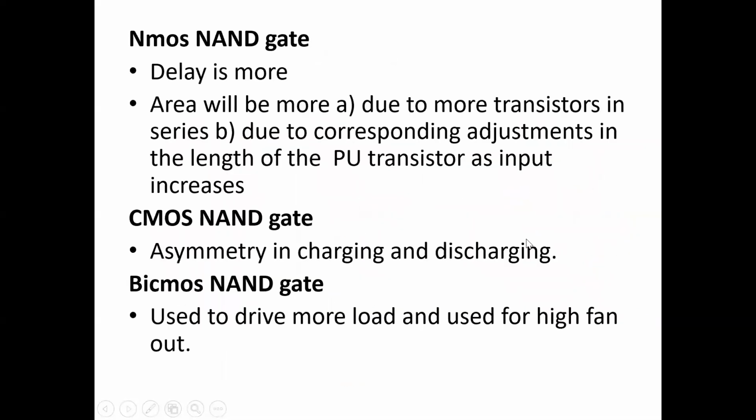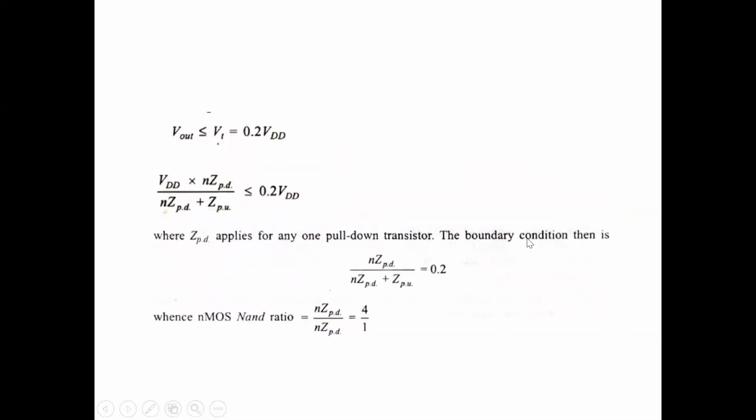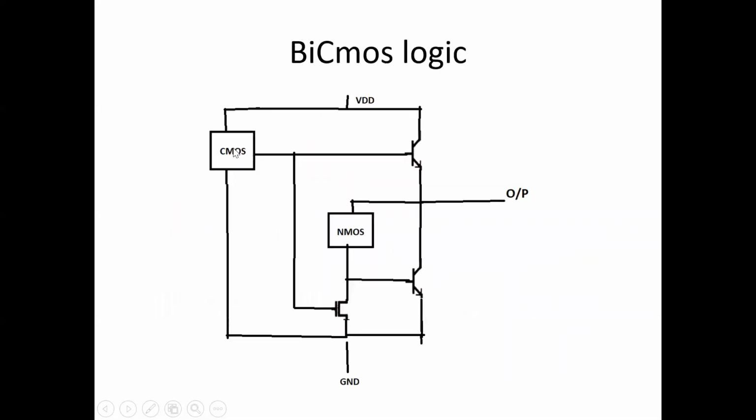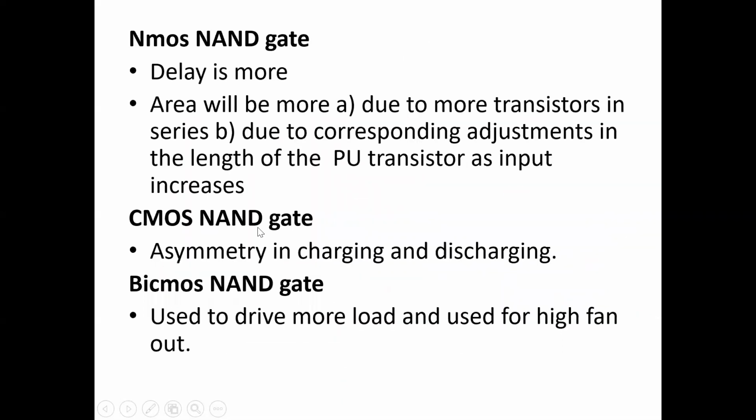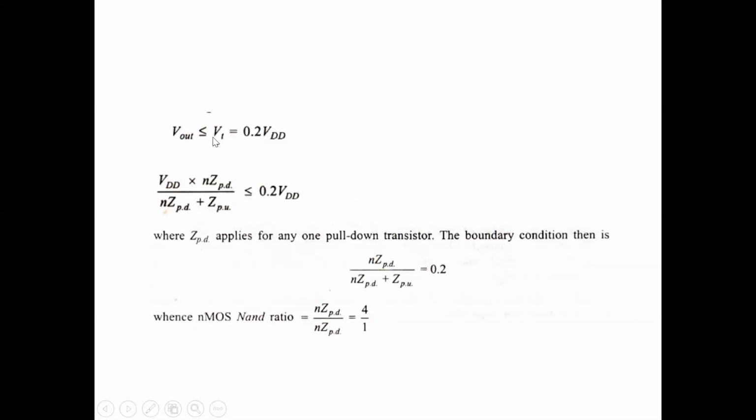Next, coming to the NMOS NAND gate, here again, you can see that there is a minimum aspect ratio. The output has to be less than VT when both of them are on. Even when A and B are on, the output goes to 0. Here it has to be less than VT.